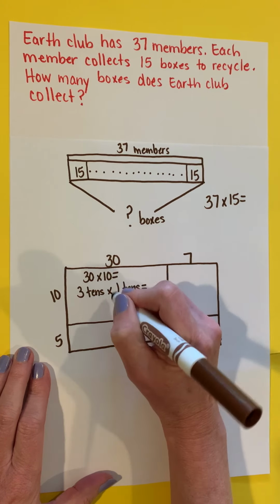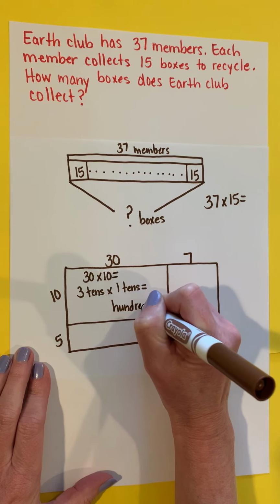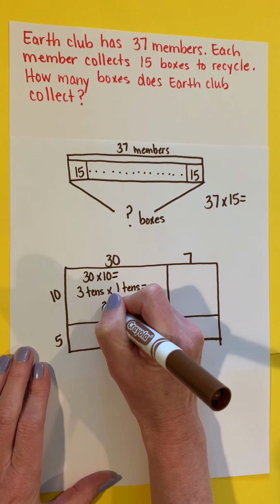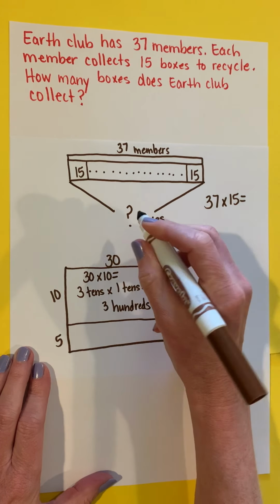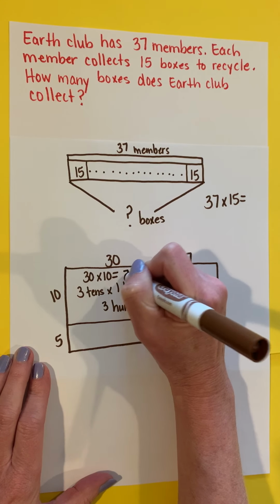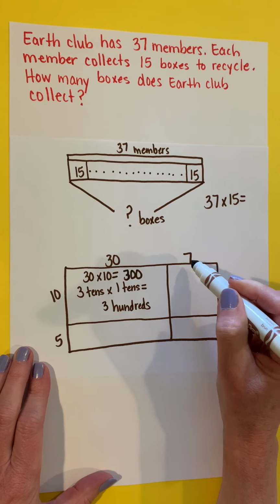So tens times tens gives me hundreds. And 3 multiplied by 1 gives me 3. So 30 times 10 gives me 300.